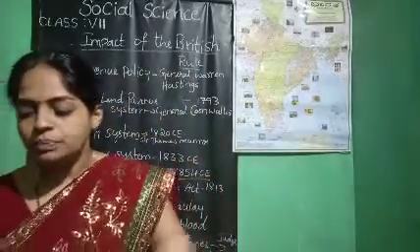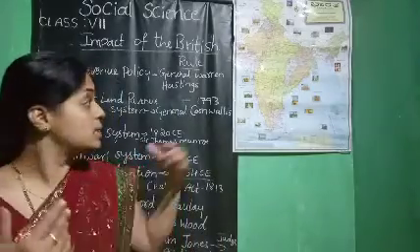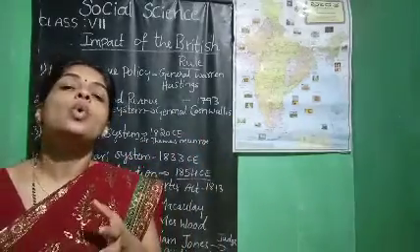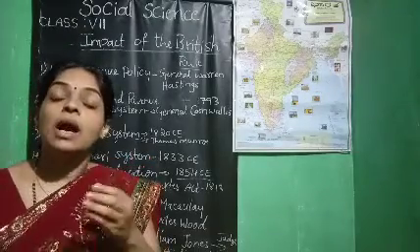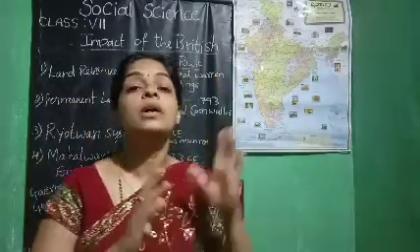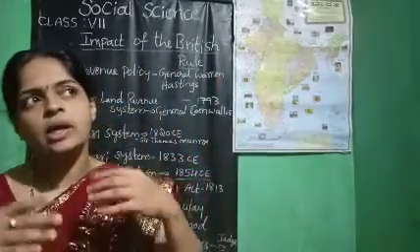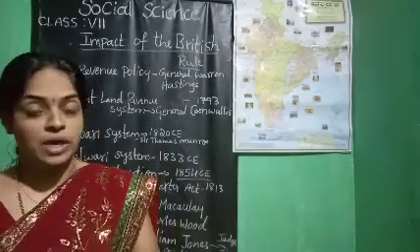Okay, then sales increased, but it was only for the British people. Sales increased and the profit was made by the British people only, not for the Indian traders. So Indian traders slowly became economically burdened and weak also.